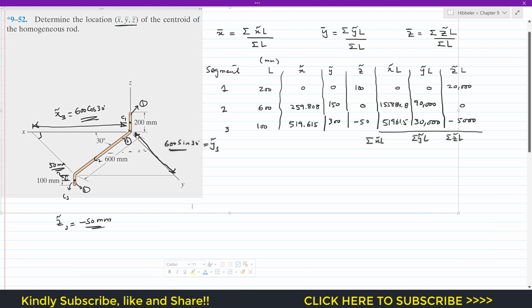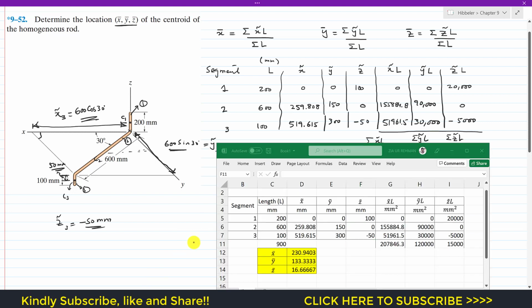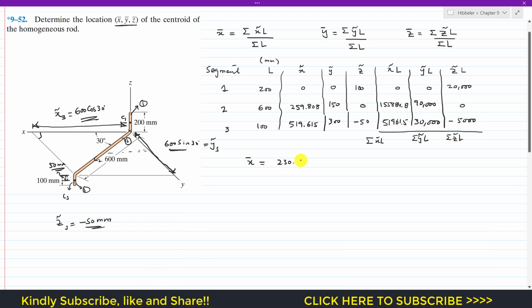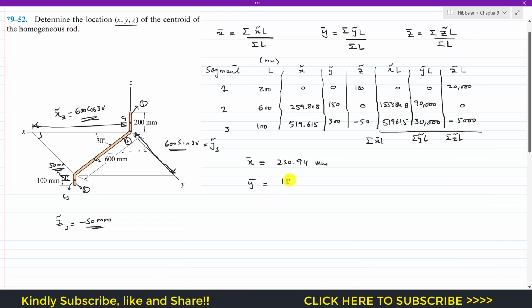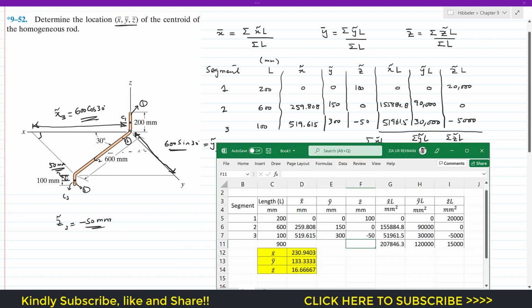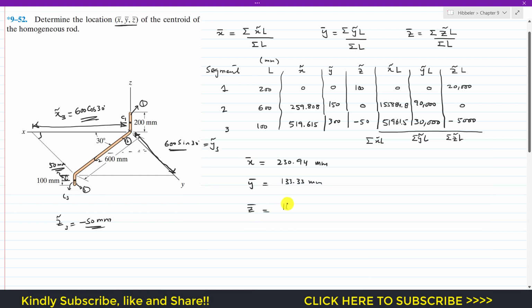So let me write all those values: x bar is 230.94 mm, y bar is 133.33 mm, and z bar is 16.67 mm.